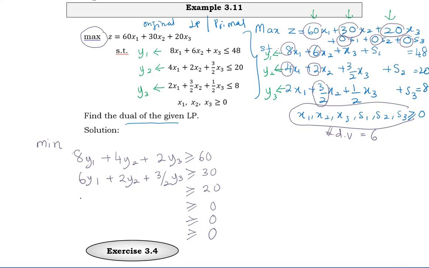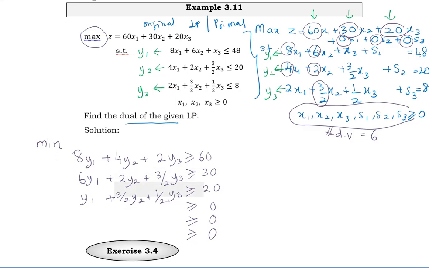So for this one, y1 plus 3/2 y2 plus 1/2 y3 greater than or equal to 20.